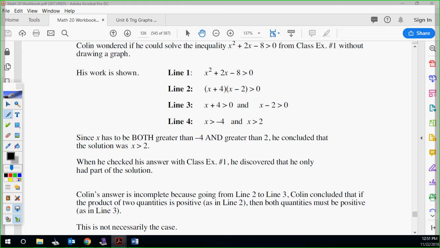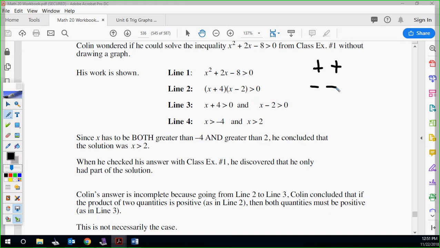Which is positive, right? So two things being multiplied has to be positive. When you're multiplying numbers, what are ways to multiply two things to get a positive number? Two negatives, two positives, right? And so we have to see how he did this. He did the two positive solving, but he didn't do the two negative.